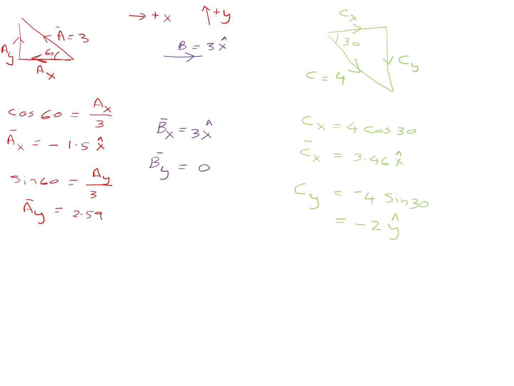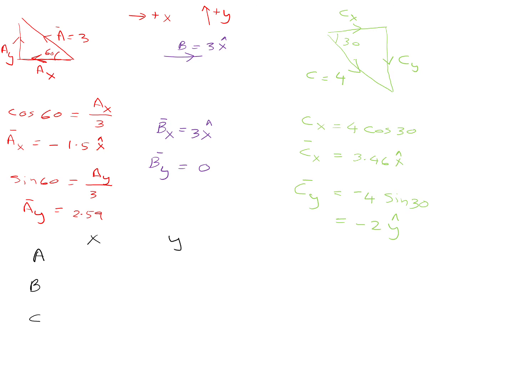So now you have x and y components of vectors A, B, C, and I can write a table. Let me make it with a little bit more room to write: vector A, vector B, vector C, x component, y component.